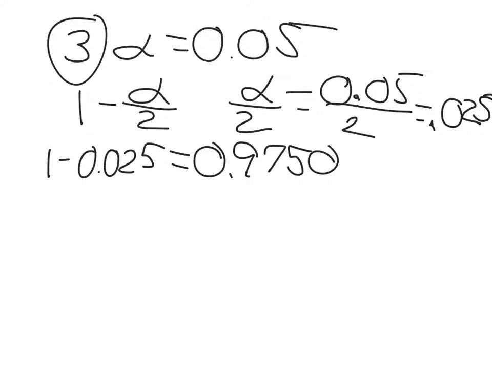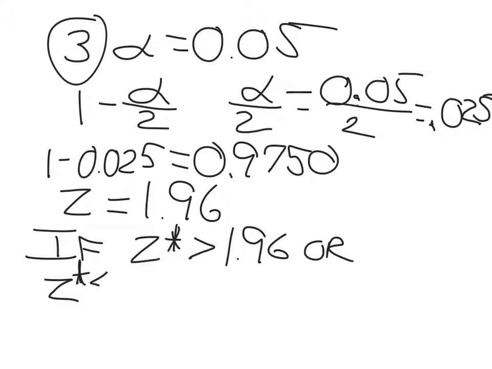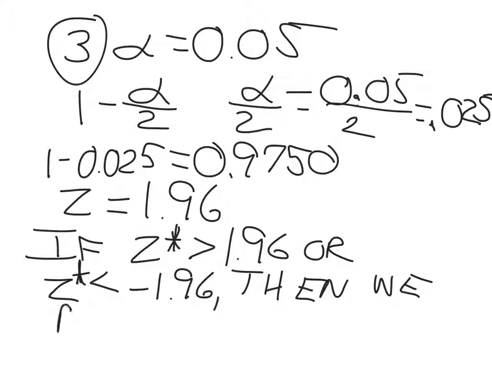And when you look in the middle of your tables, and actually we saw this in the other movie, there's an exact hit at 0.9750. It's attached to 1.96. Okay? And then we will also use minus 1.96 for the opposite. So my compound if-then is going to be if z star is greater than 1.96 or z star is less than negative 1.96, then we reject H0.